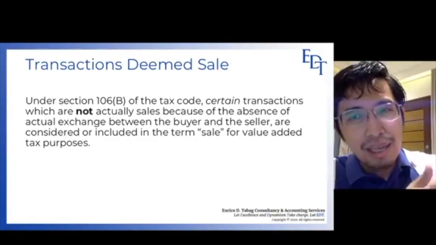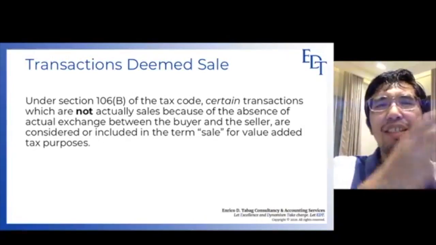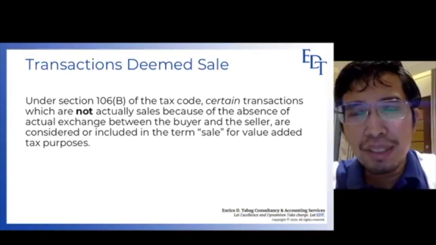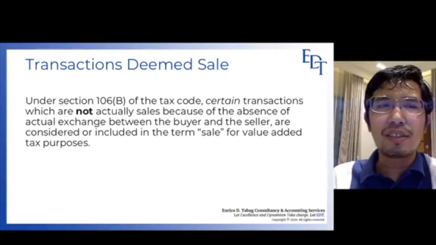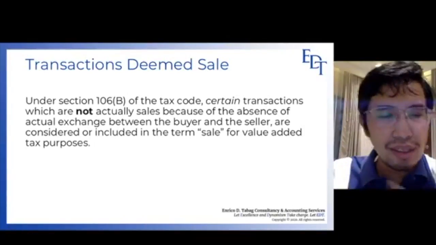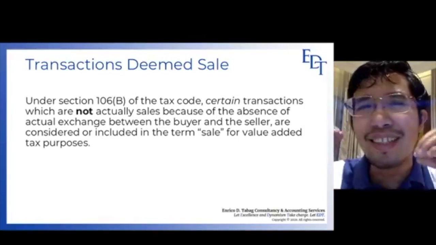The actual sale of goods, actual, nagbenta ka talaga in the ordinary course. And the other one is transaction deemed sale, covered under section 106B of the tax code. So, kabaliktaran ng actual sale. Yung sa actual sale, nagbenta ka talaga. Sa transaction deemed sale, you really did not sell.